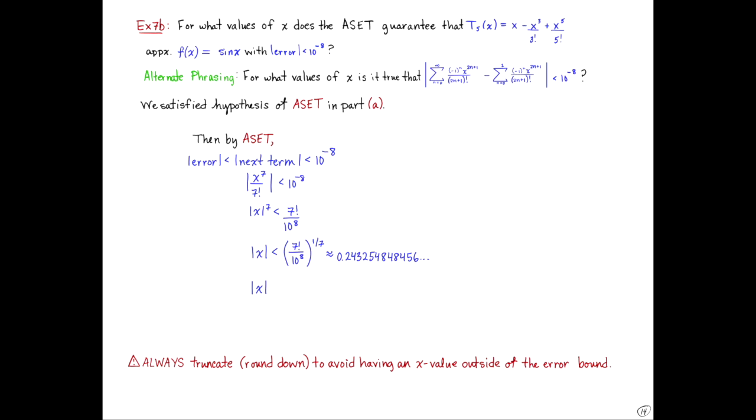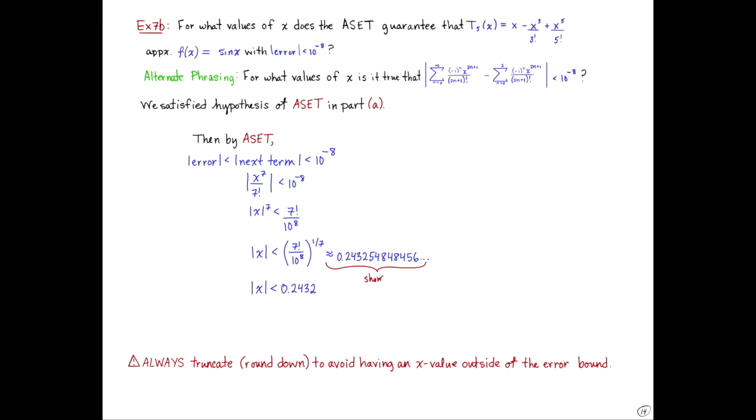Given our answer here, that's a pretty safe bet, which means that you should always truncate to avoid having an x value outside of the error bound, giving us our final answer of the absolute value of x less than, I'll just go to 4 decimal places, say, 0.2432. You must show this step.